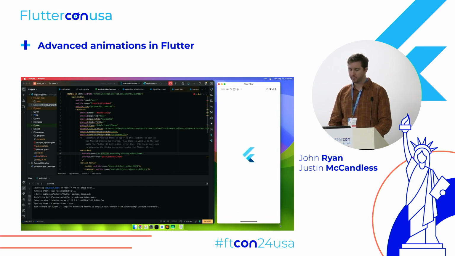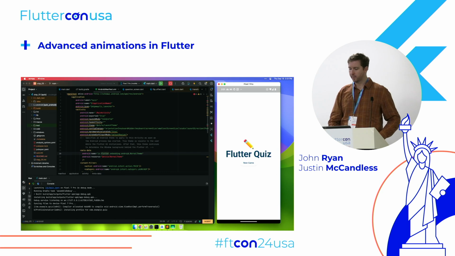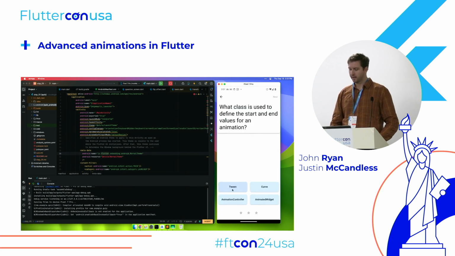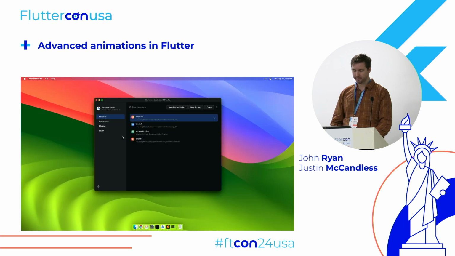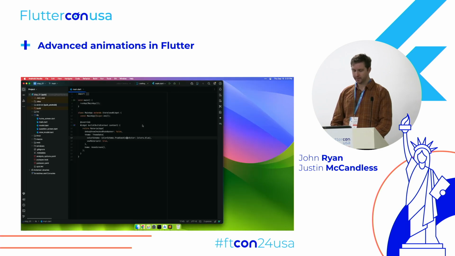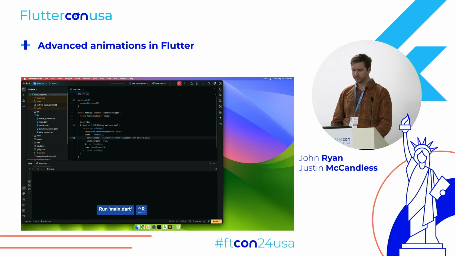All right, so if you're in the step 1 folder of the code lab, you should see an app kind of like this. We don't have a lot of animation yet. Oops, I am running the wrong version here. I am on the wrong one. Sorry about that. Let's open this one up, run the app.